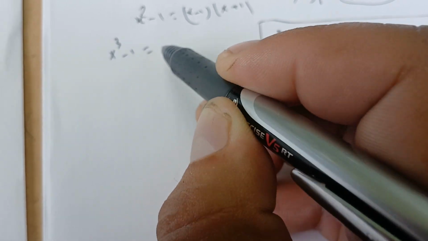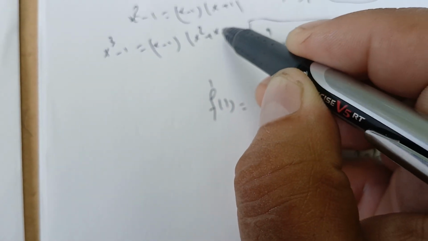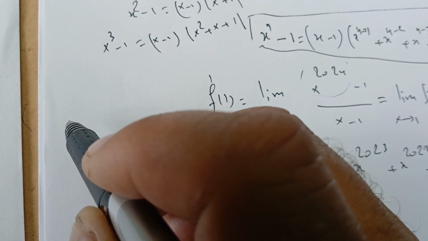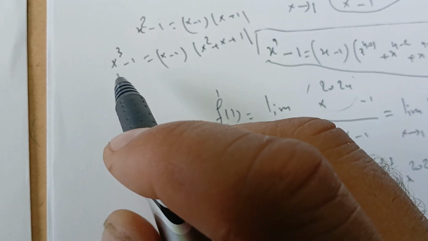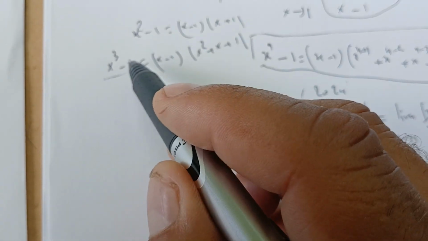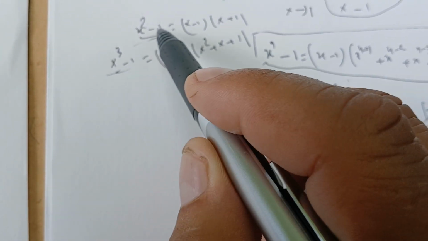X cubed minus 1 is x minus 1 times x squared plus x plus 1. And etc. Keep going. We need these two a lot. If you know these two, you can get anything.